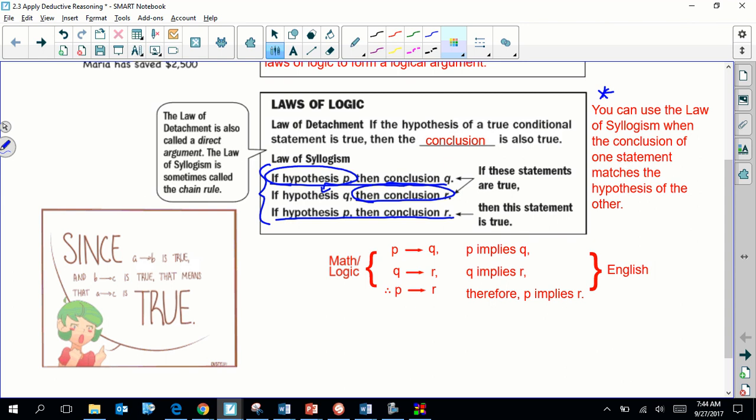You could say, if it is Tuesday, then Mr. Piercy will wear a tie to work. If Mr. Piercy wears a tie to work, then he's going to look nice. So what we can take from those two conditional statements is that if it is Tuesday, then Mr. Piercy will look nice at work.